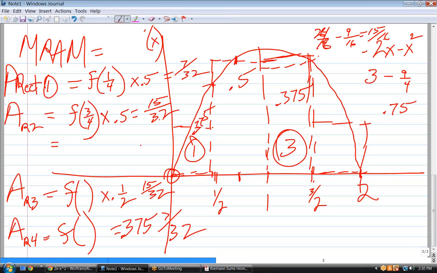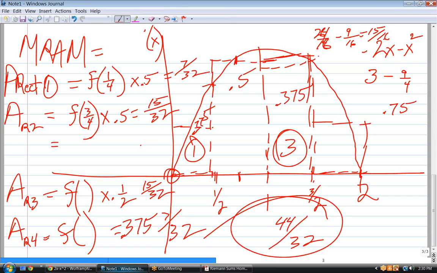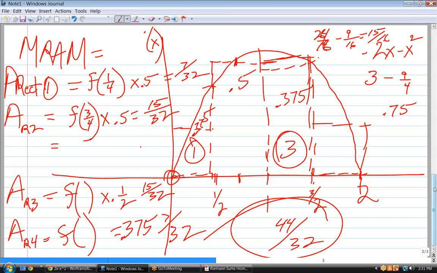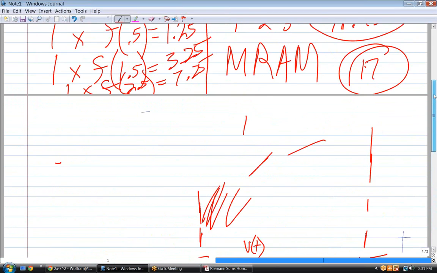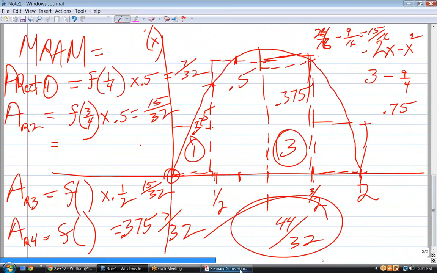So what is that? 30 seconds plus 14 seconds, 44 seconds is the area using mid-ram. 44 seconds is almost certainly a better approximation than either left ram or right ram, which is a little more than both of what we got for the other two. That makes sense because the other two figure to underestimate it.